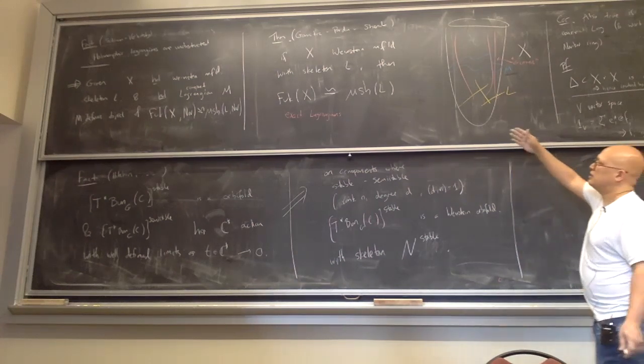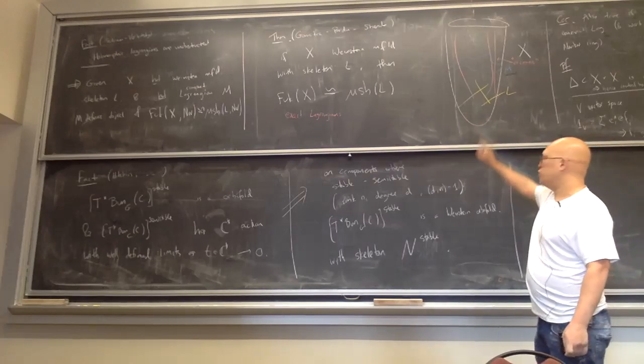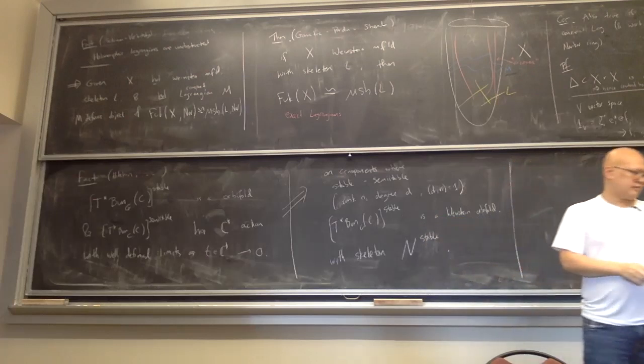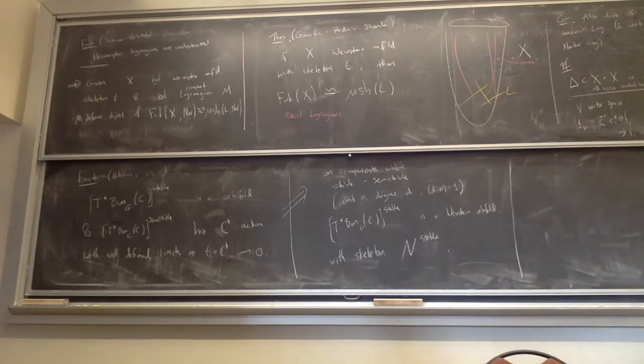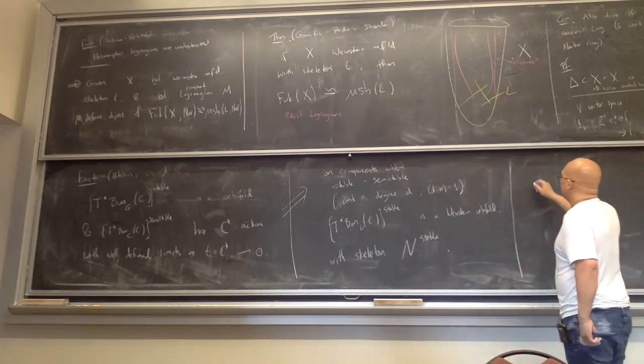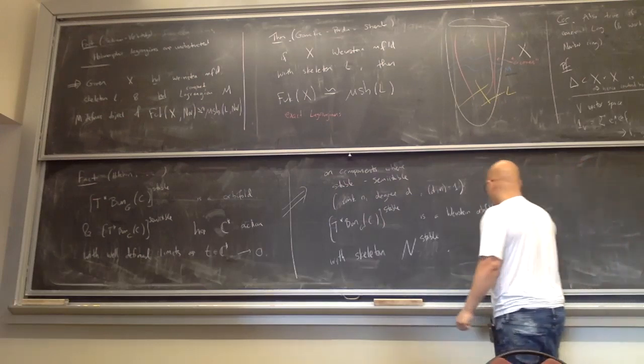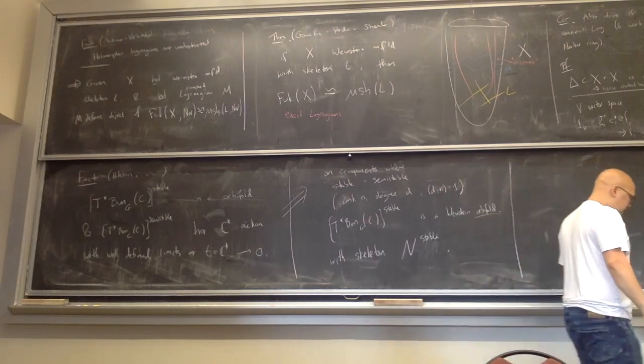And you know these Hitchin fibers over smooth points, they always lie inside this stable part. Yeah, there's this kind of annoying orbifold.